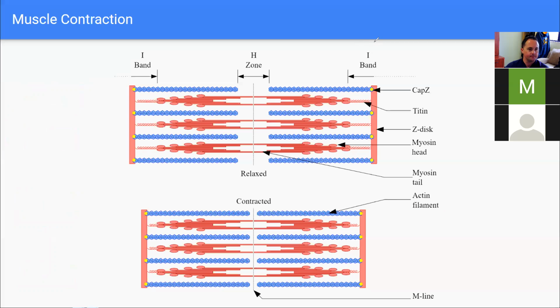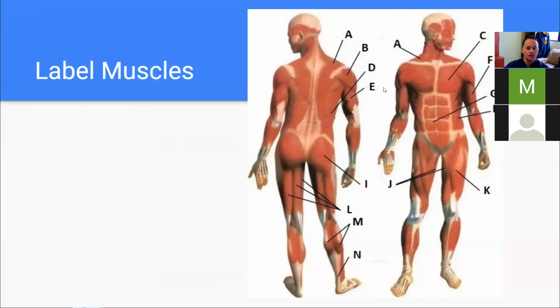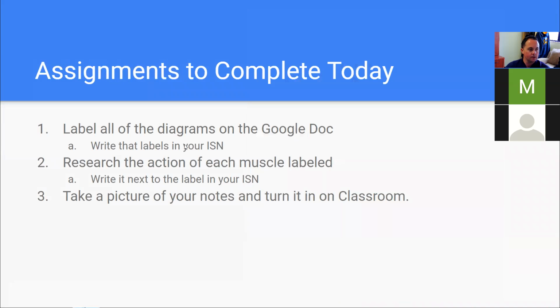Now then, on that Google Doc, there's this image. What I would like you to do is label the muscles. These are the major muscle groups in the body. Now, before you go, for today's assignment, there were 4 images on the Google Doc.